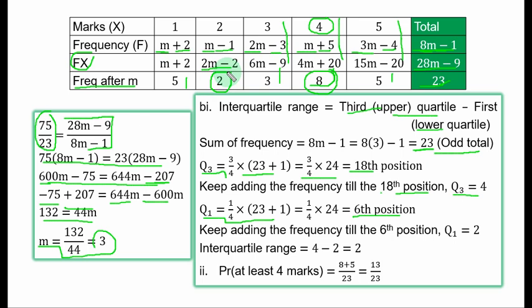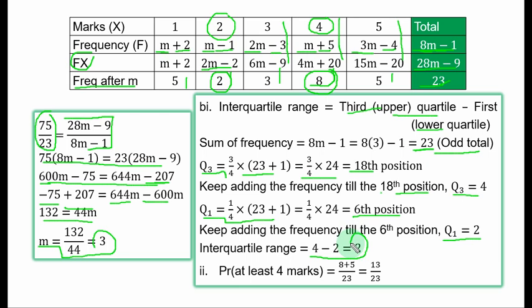So 6 is contained where you have frequency of 2, the sum of the first and second frequency, and the mark for that position is 2. So the first quartile is equal to 2. Interquartile range becomes 4 minus 2, and that is 2.